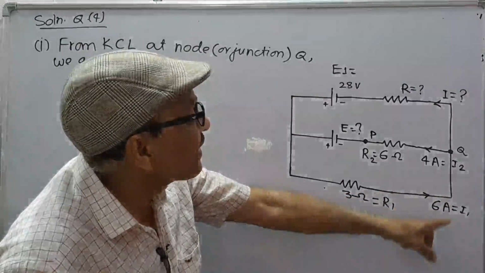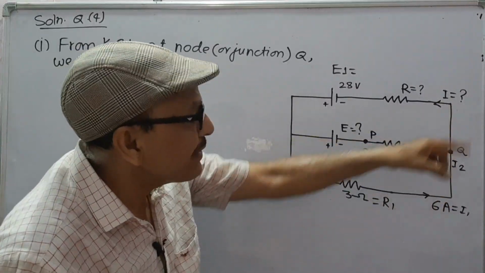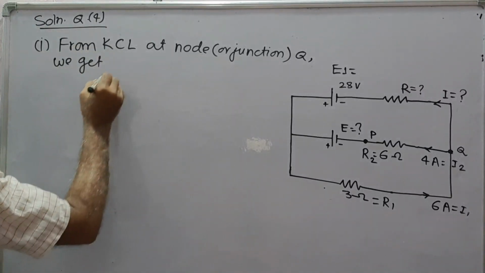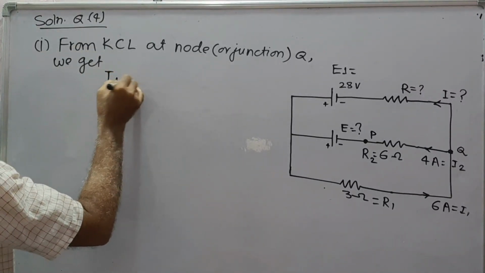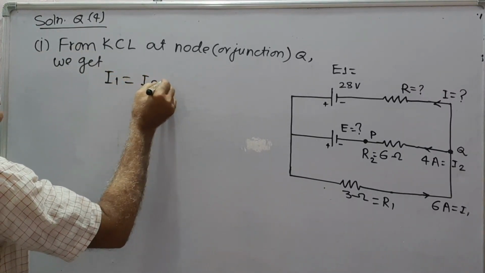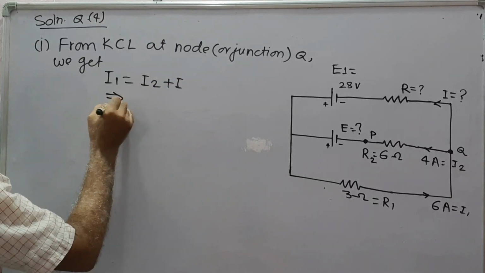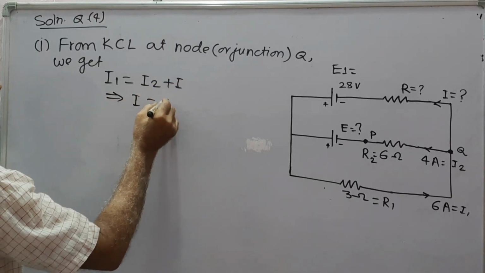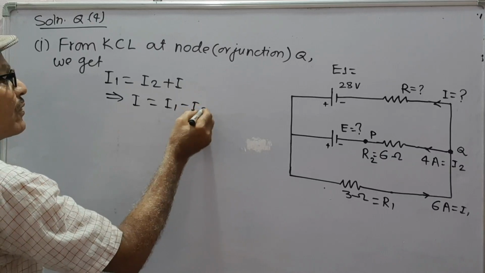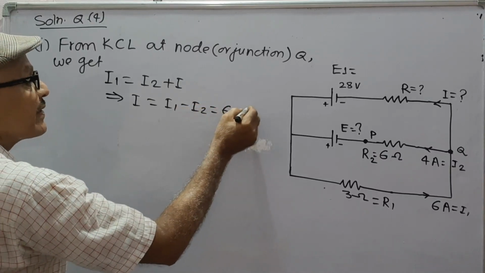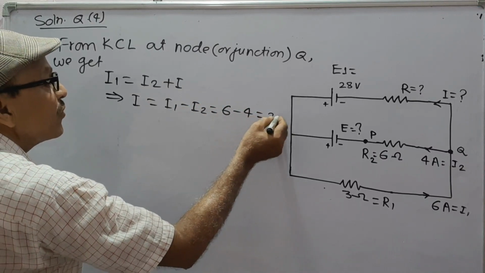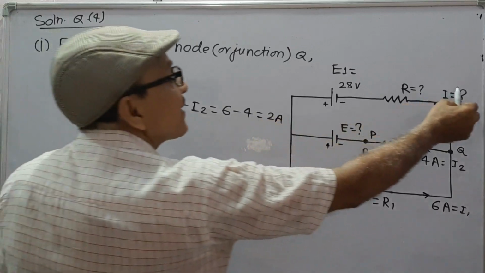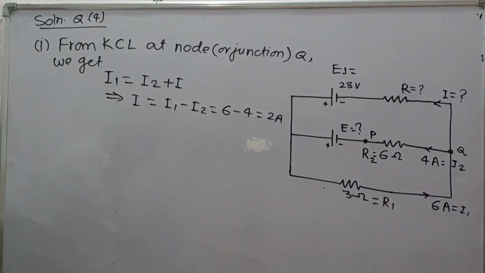I1 is incoming current and I2 and I are outgoing current. Therefore, I1 will be equal to I2 plus I, which gives I as I1 minus I2, which is 6 minus 4 is equal to 2 ampere. So, this current I will be 2 ampere.